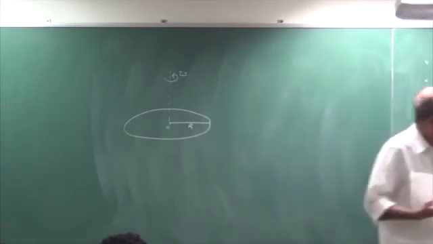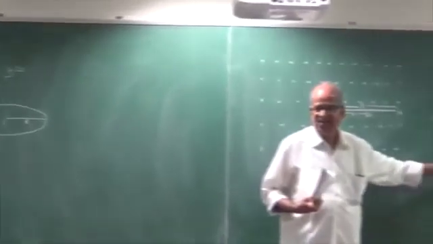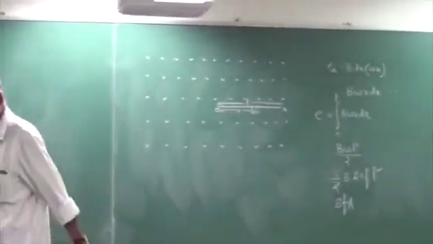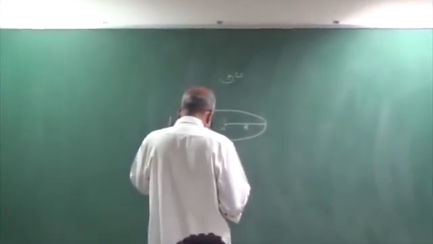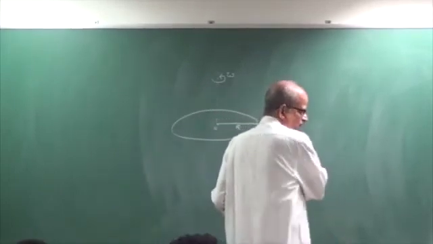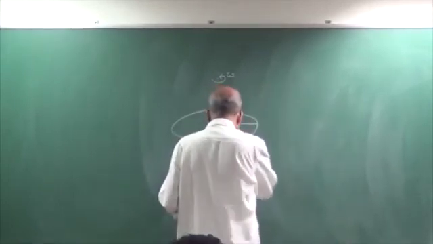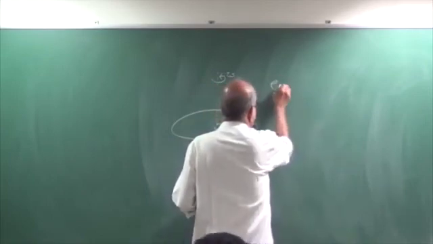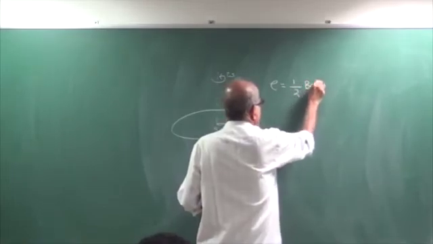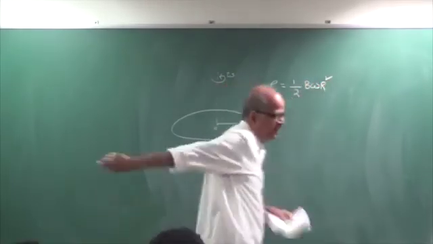Half B omega r squared. Will you agree? Considering the disc to be an assembly of rods of length r with the common end located at the center, you can write EMF induced is equal to half B omega r squared.